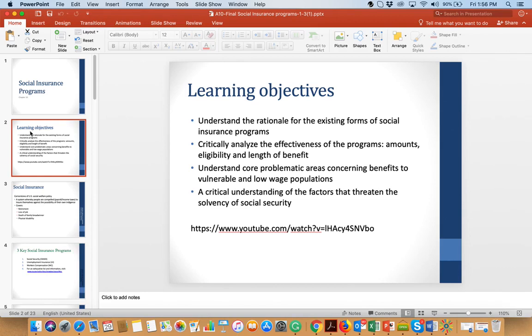Things like that. Third, understand the core problems concerning benefits to the vulnerable and low-wage populations. The benefits, yes, they receive, but those benefits have some problems or bottlenecks. There are some hurdles. Understand what those hurdles are. And fourth, critically understand the factors that threaten the solvency of Social Security.